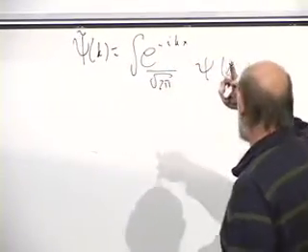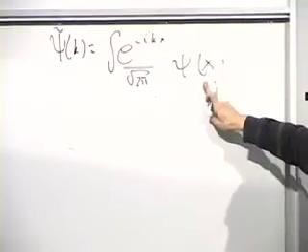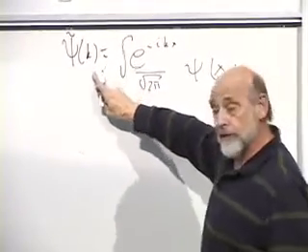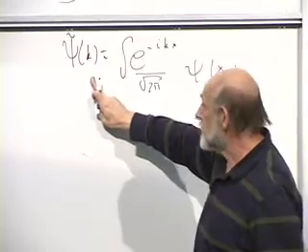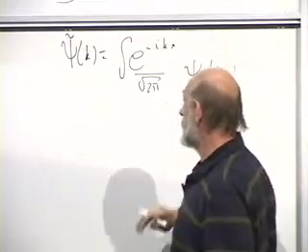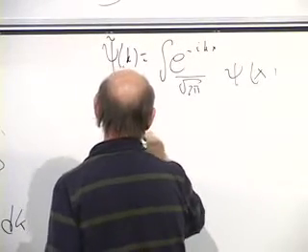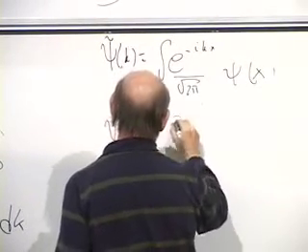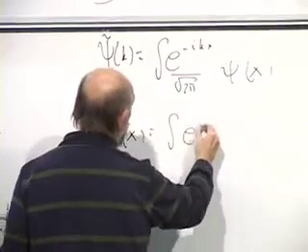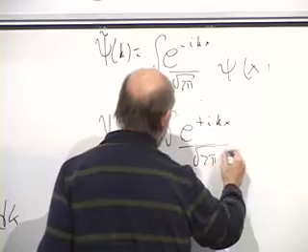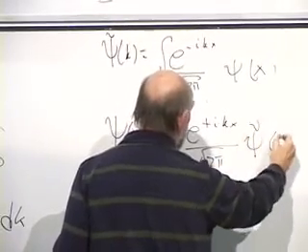If somebody tells you the position space wave function, you can immediately read off the momentum space wave function from this formula. On the other hand, if somebody tells you the momentum space wave function, you can read off the position space wave function, e to the plus I kx over the square root of 2 pi psi twiddle of k.